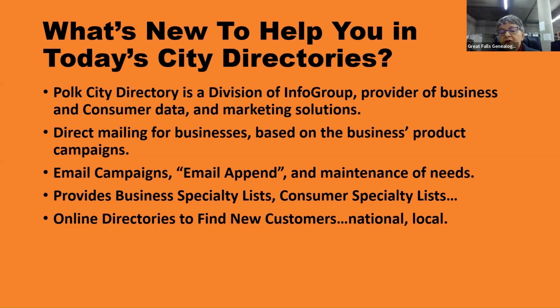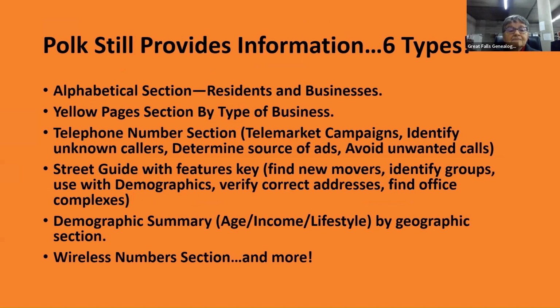They can do what they call email appends. They can go right out to you directly if you belong to their little group, and they can maintain that also through those years. They can provide you with business specialty lists and consumer specialty lists and lists for nonprofits, all kinds of things, and online directories to find new customers nationally and locally. So they're really continuing to do quite a bit.